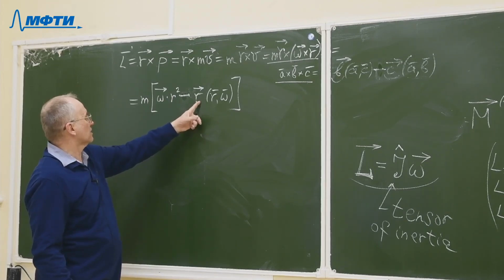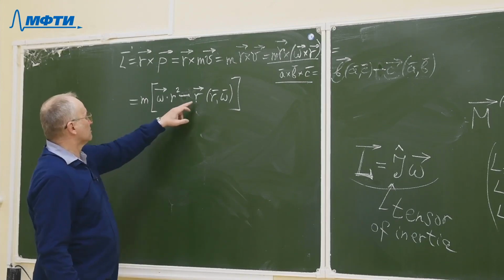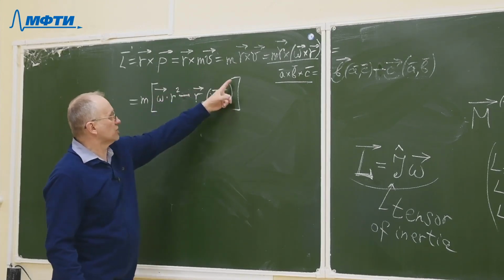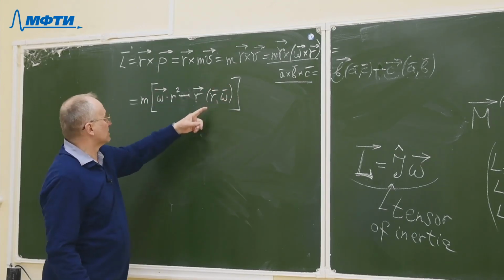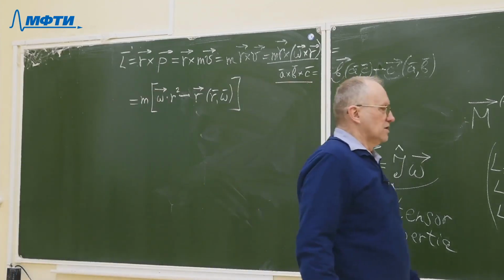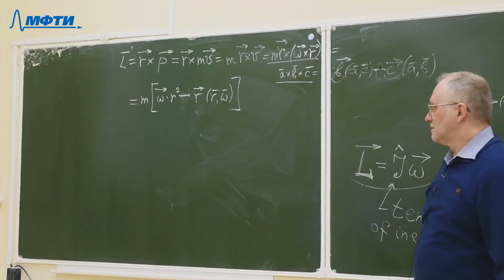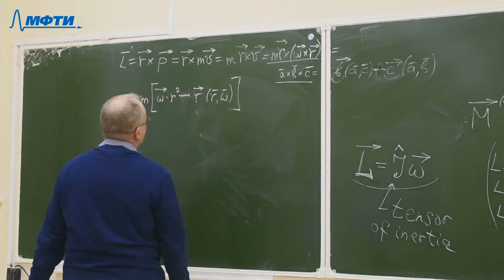The direction of R, the radius vector pointing to a mass point, does not coincide with the direction of omega. So in the general case, the direction of this vector does not coincide with the direction of omega, which we discovered in our simple problem of two small balls on the light rod at angle alpha.